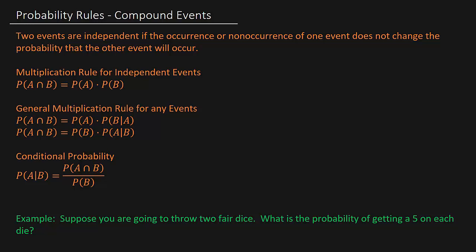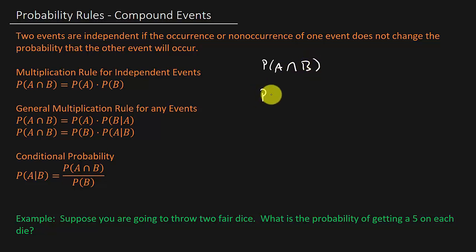All right, so let's look at these rules here. We've got the multiplication rule for independent events: the probability of A and B equals the probability of A times the probability of B. Now, look at the notation I use here. I use P(A and B).